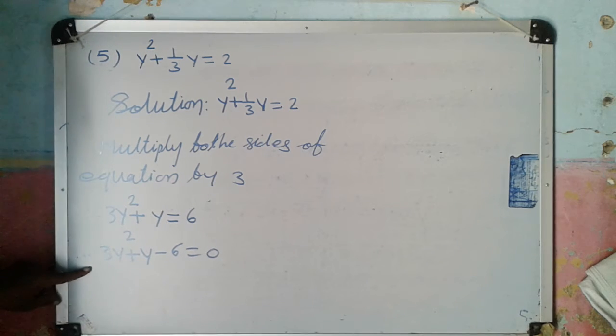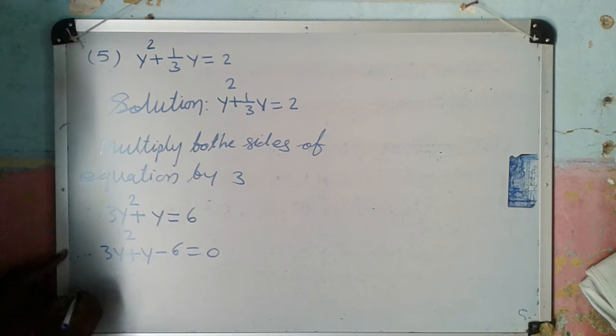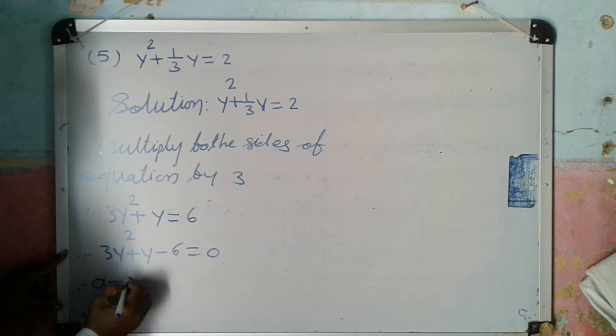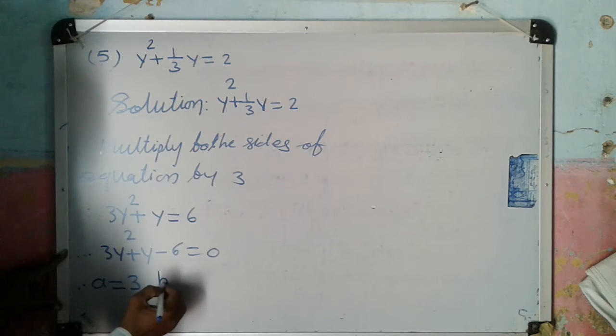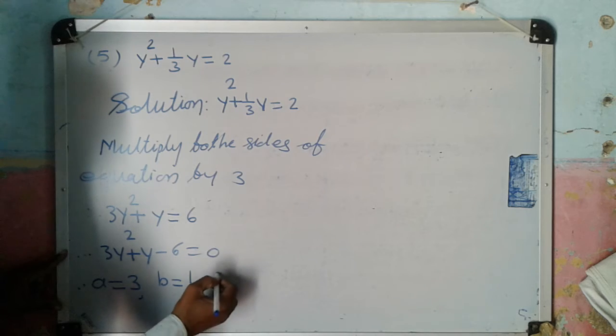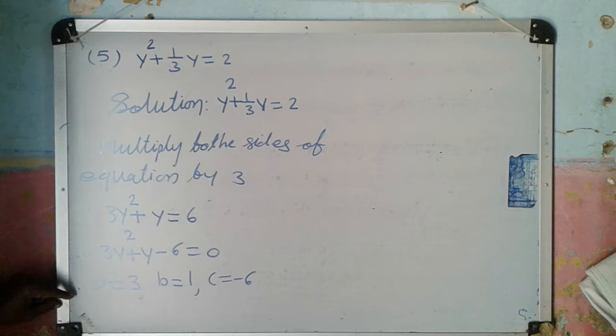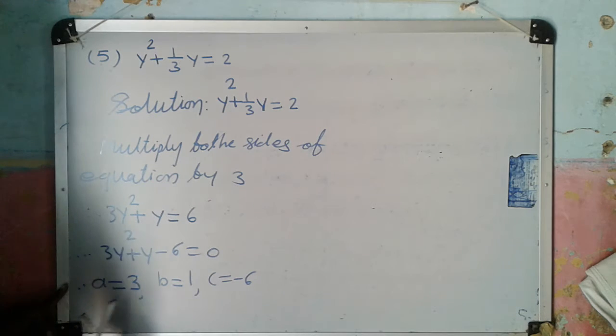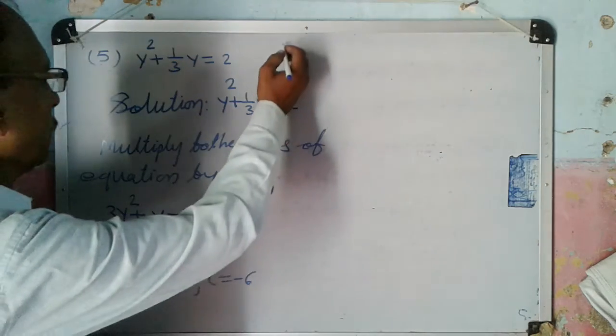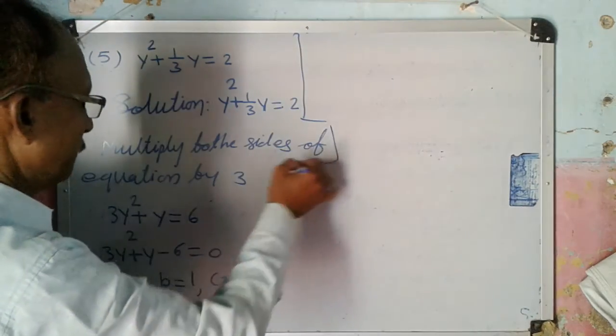Now comparing to the general form we get here a is equal to 3, b is equal to 1, c is equal to minus 6. Okay. Now we have the values of a, b and c. a is equal to 3, b is equal to 1 and c is equal to minus 6. And now use the formula.